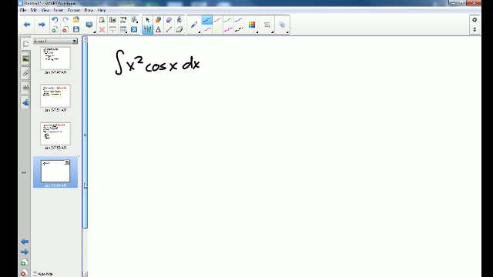Which one will we choose first? So u is x squared, v prime is cosine x. And then work your formula, right?